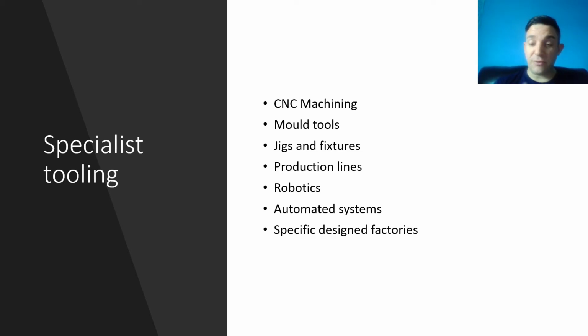Then if you're going into something really high tech, we're talking about mass manufacture of cars. BMW and Tesla have entire factories that are specifically built to handle one type of car. Now in China last year, Tesla set up a whole factory system where 80% of the work was automated purely to make their Model 3 sedan for the Chinese market.